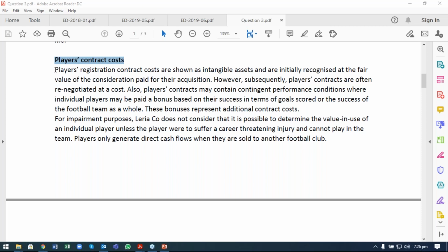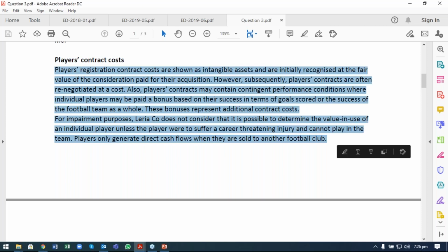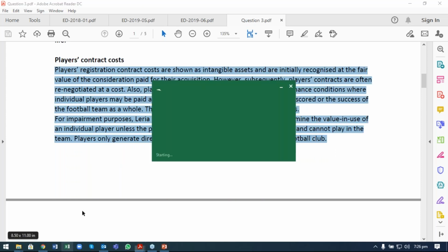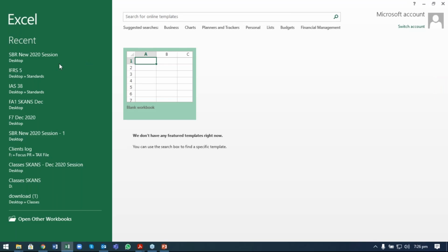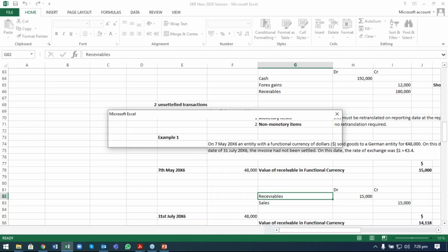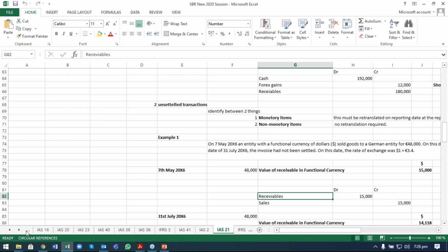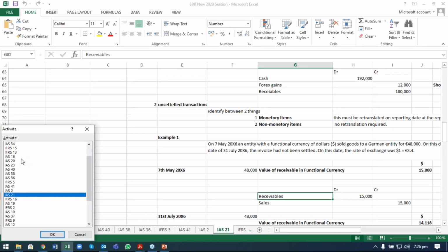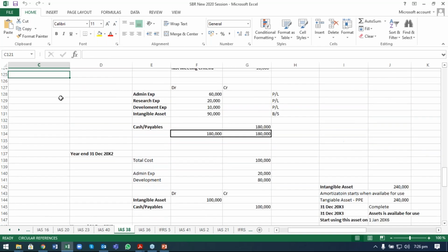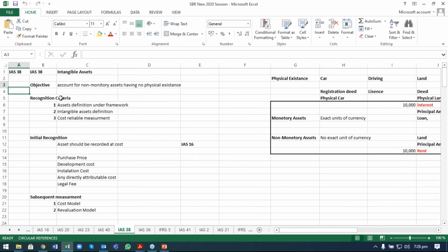Yes, legal rights might be provided within your answer section, but let me give you an idea what intangibles are and how we are going to account for those intangibles. I'm just sharing IAS 38 intangible with all of you, and we'll be discussing how intangibles are actually accounted for.